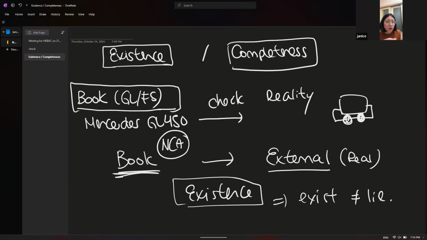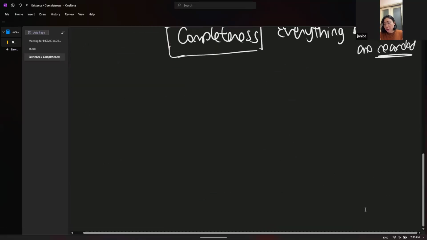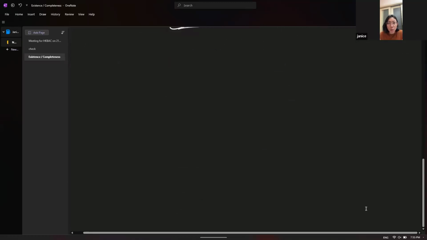You understand? So it's very important when you write the procedure itself that you make sure which direction you are going. Are you going from the book to the real item, or from the item back to the recording books, right? So it doesn't verify the same thing. It's going to be the same concept when we do the inventory, okay?